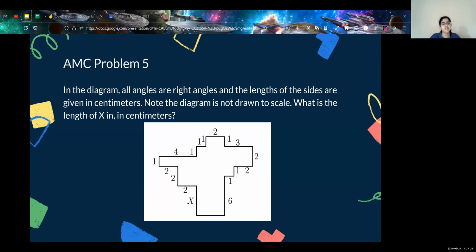Oh, sorry, it has 2 ins. Oh, so this is scaled, right? You can tell just by looking at it that x will be less than 6. It just says that this diagram is not drawn to scale because they want you to actually do the math and not take a ruler out.